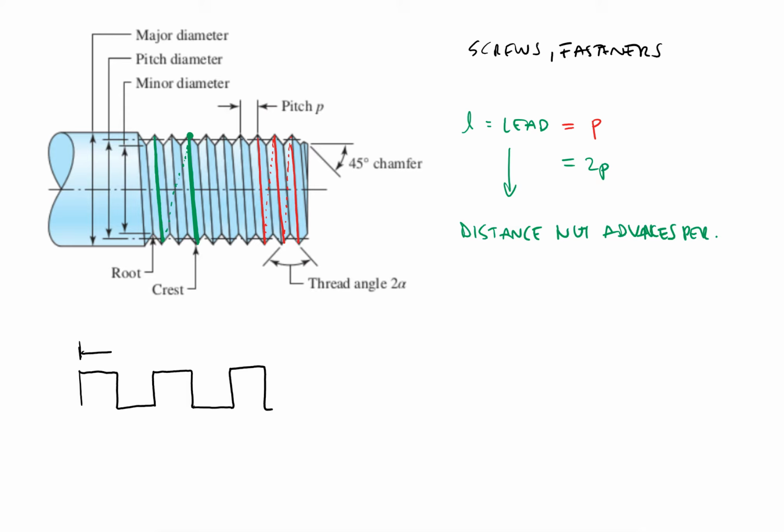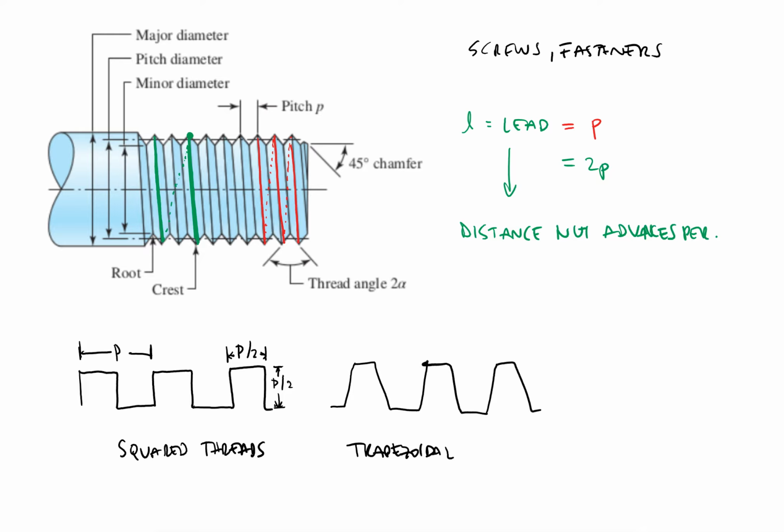So in this case this would be P, and since these are squares, this distance would be P over 2, and the same for this, P over 2, making it a square. There can also be trapezoidal threads, in the shape of a trapezoid.